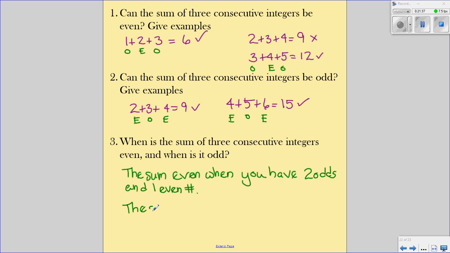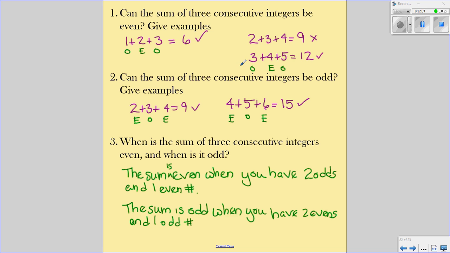The sum is odd when you have 2 evens and 1 odd number.